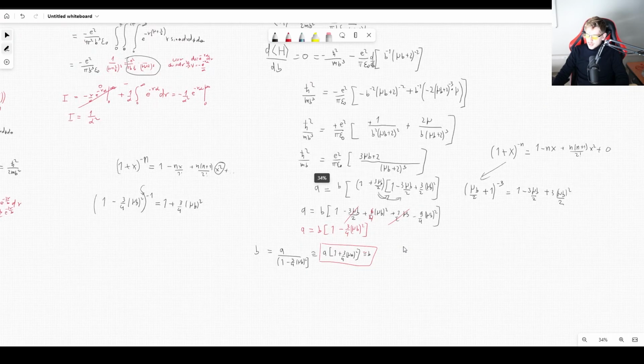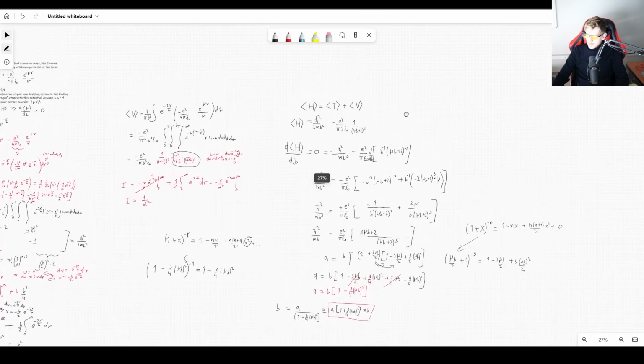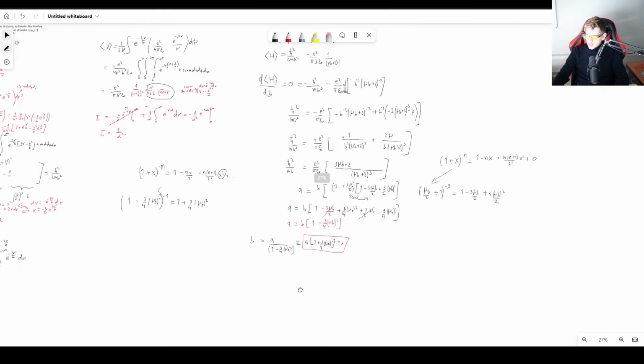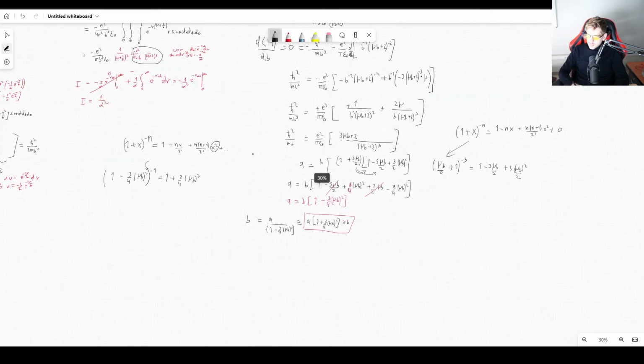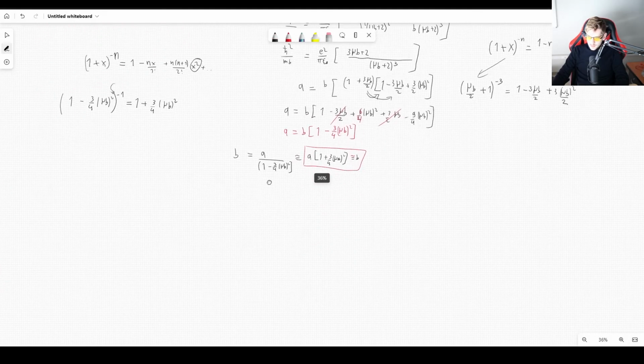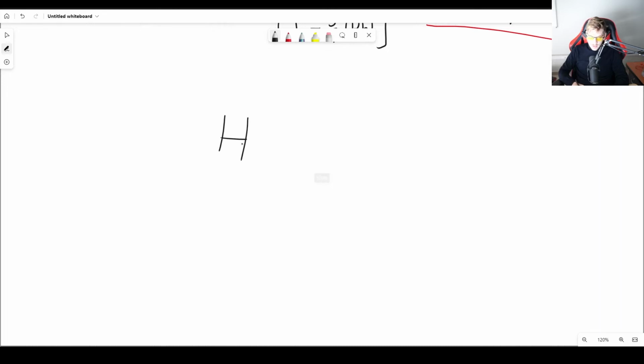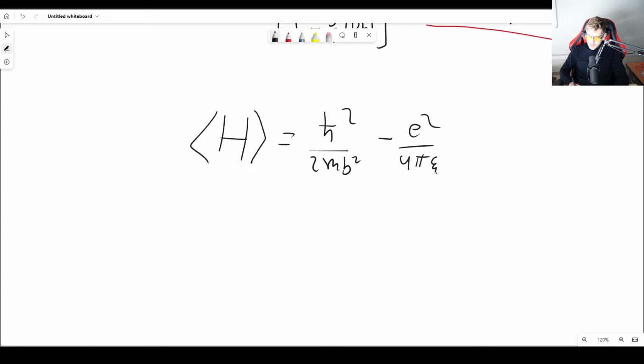Now we have to plug it in to our Hamiltonian, which is up there. So maybe I'm going to rewrite my Hamiltonian down here. I think that's going to be easier. So the expectation value of the Hamiltonian was h bar squared over 2m b squared, minus e squared over 4 pi epsilon 0 times 1 over b, and we had 1 plus mu b over 2 squared, right?